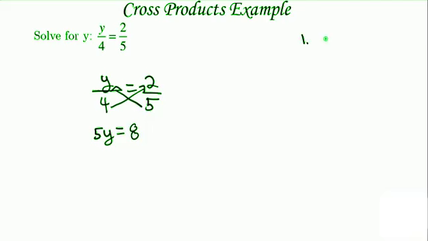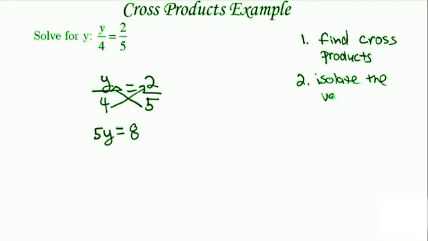So in order to solve a proportion, one way is to find the cross products, and then, as usual, isolate the variable for which you are solving. This is asking me to solve for y, and I have 5y equals 8.